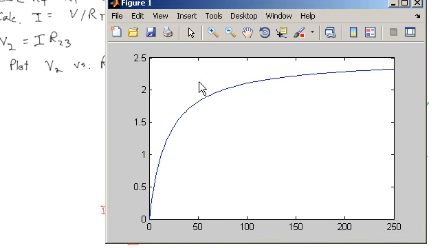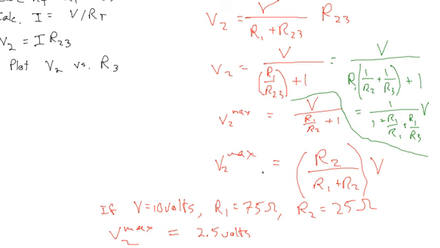So based on the fact that it goes up to 2.5 when I was expecting it to go up to 2.5, let's take one more shot at the way this works. The maximum value is that if I make R1 and R2 the same, it should go up to half the voltage across the seat of EMF. So I'll make those two the same.